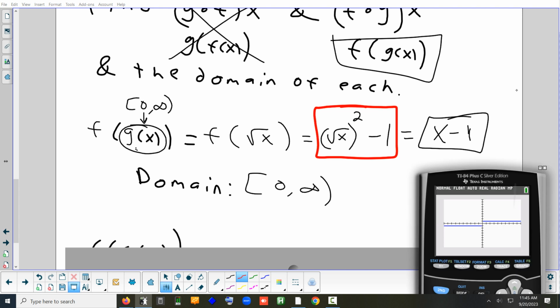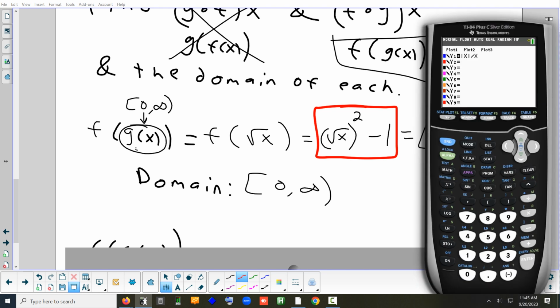It wouldn't know. But if you plug in what's in the red box, then it would know. So if you type in, just like I have, in parentheses, the square root of x, squared, minus 1, it's going to draw this graph, but it's only going to start at 0 and go up to infinity.